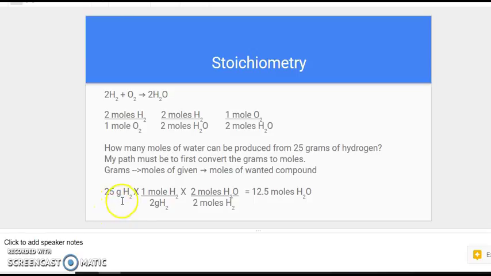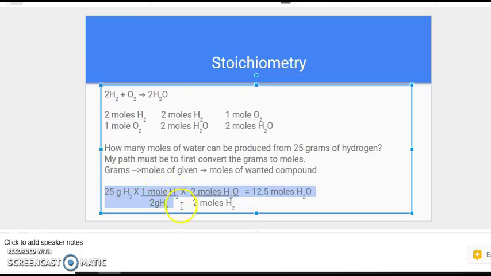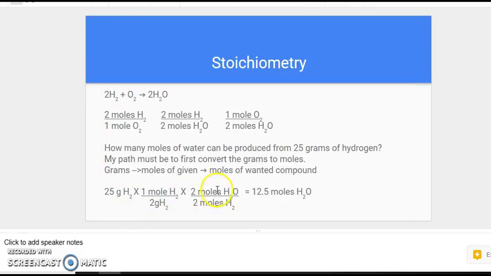So that means looking at the periodic table, finding that molar mass. If I stopped right here, I would be simply converting my 25 grams of hydrogen to moles, right? But of course, that's not what I want, but that has to be my first step. And then I can use that molar conversion, what we've been doing all along, and that will give me my answer in moles.